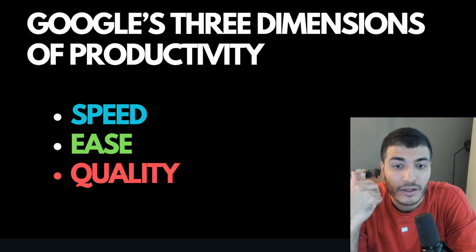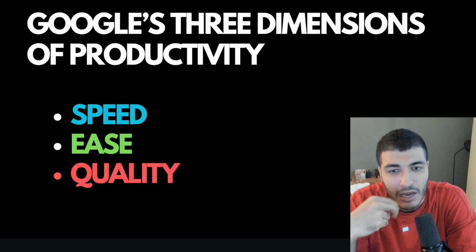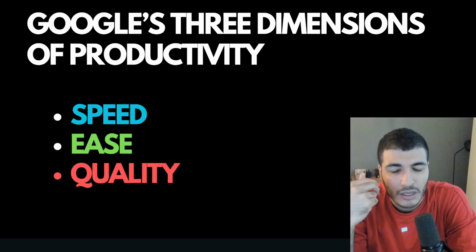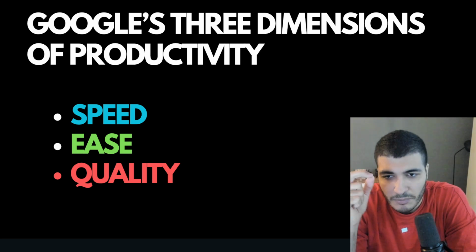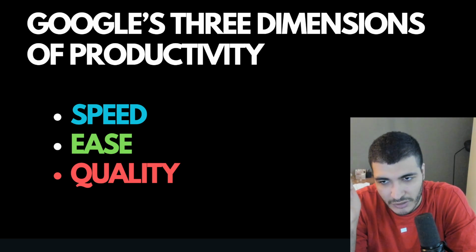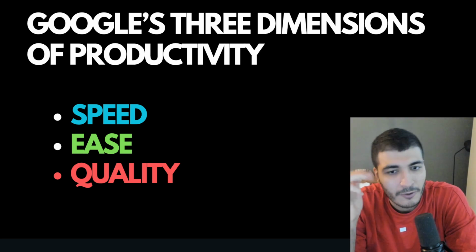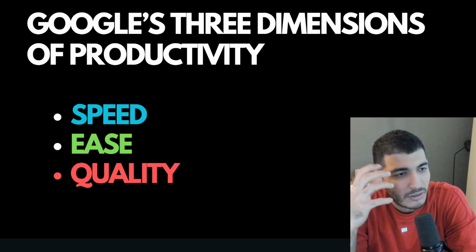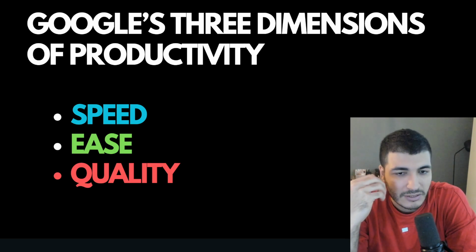Number three, quality, like what is the outcome of the work that's being done. These three pillars exist in tension with one another. If something is fast but frustrating, or easy but sloppy, then you're not truly a productive software engineer, or you're not in a productive state.